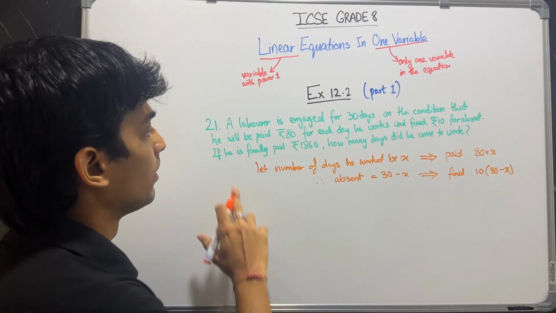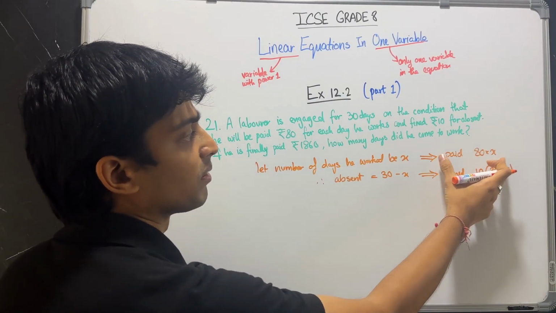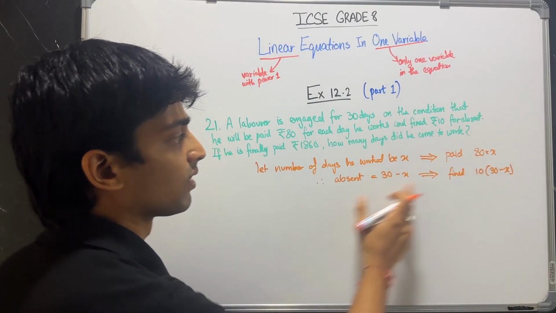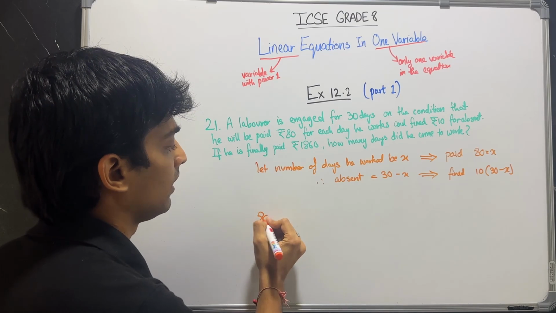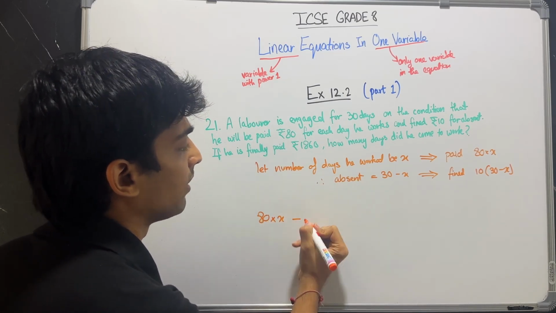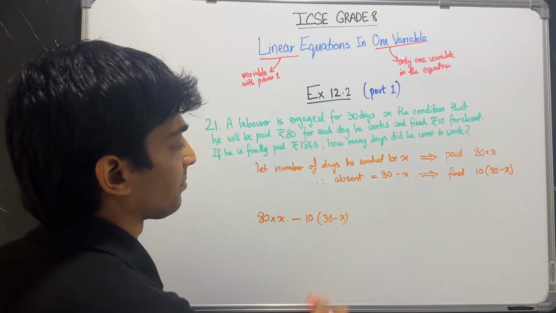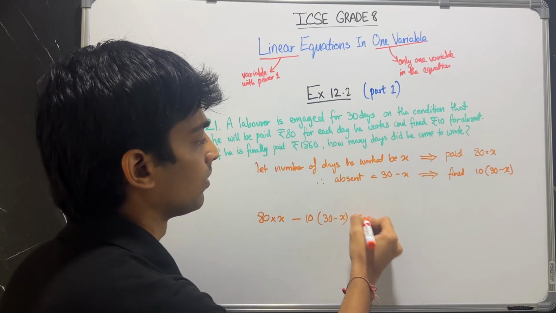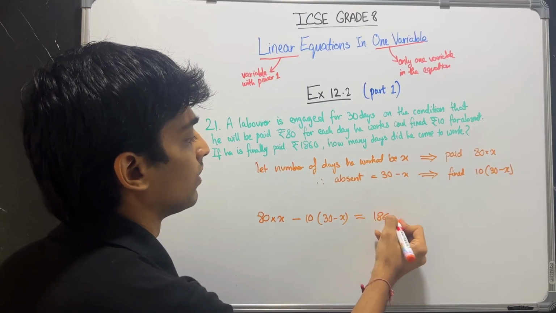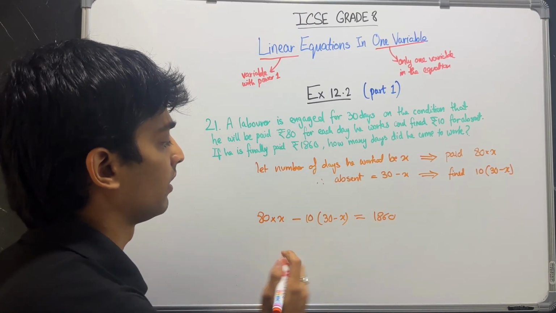Now he's finally paid 1860. So what we have to do? This much is paid, this much is fined, so we will subtract the fine. So 80 into x minus 10 into 30 minus x equal to 1860. This is how much he earned, this is how much he was fined, so we are subtracting it out.